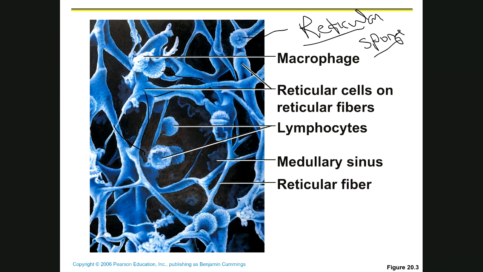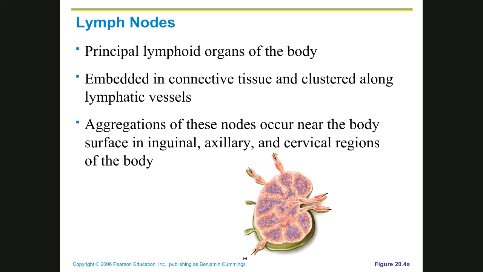And inside that sponge are tons and tons and tons of lymphocytes. And so some organs are going to have that reticular connective tissue in there, and in the sponge, tons of lymphocytes, of white blood cells.